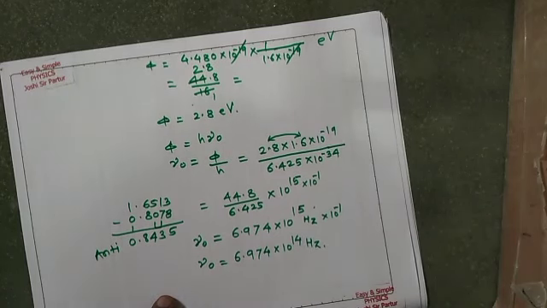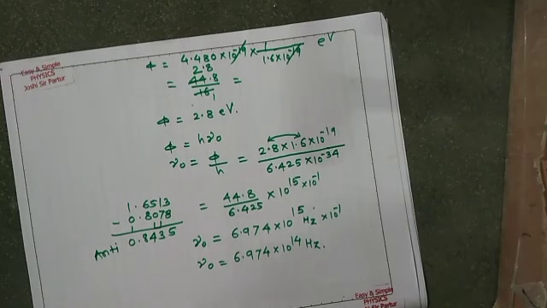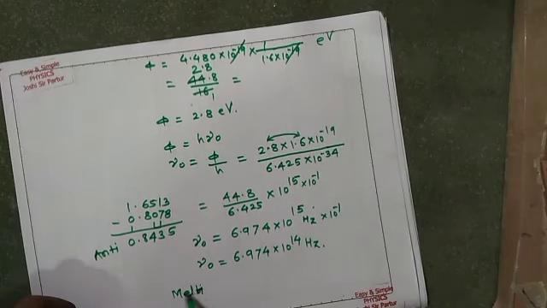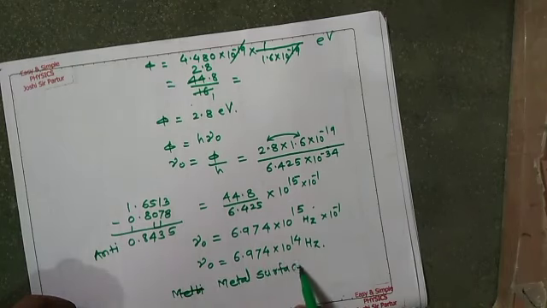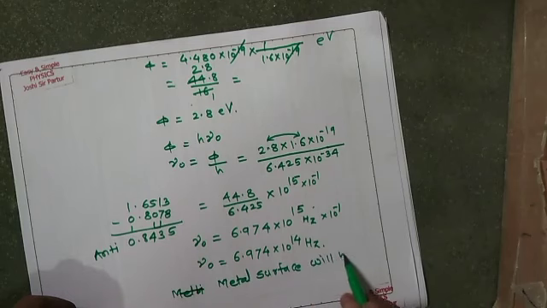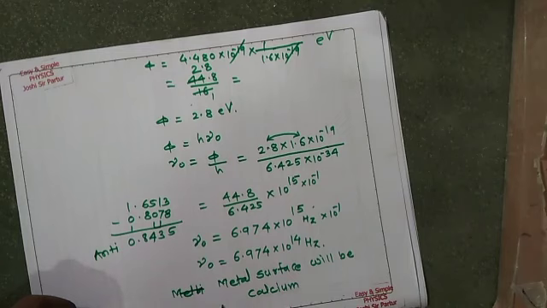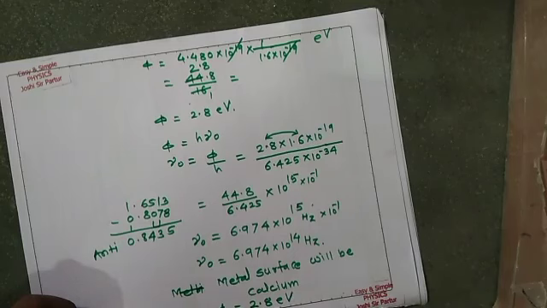And here the metal surface whose work function will be 2.80 electron volt, that metal surface will be calcium, because calcium having work function 2.8 electron volt. So surface of metal will be calcium.